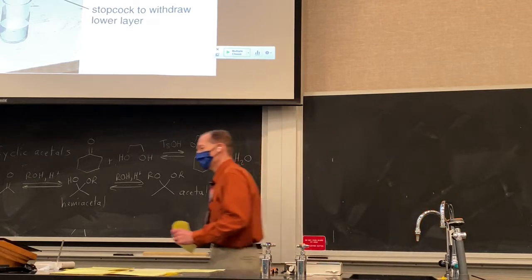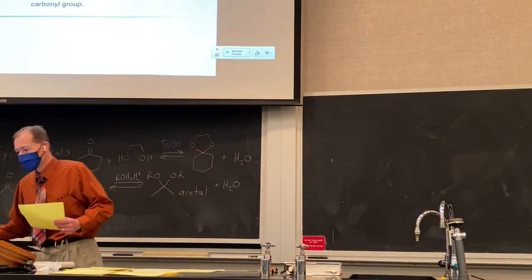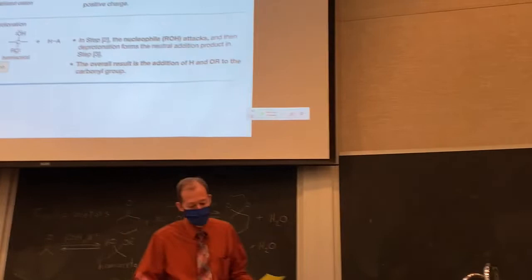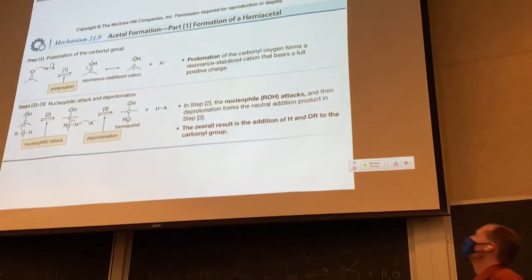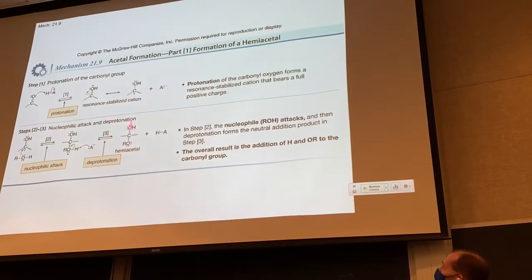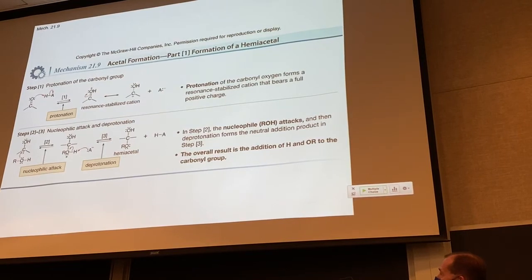So here's the mechanism of acetal formation with acid catalysis. It's the exact same mechanism we showed you for acid catalyzed hydrate formation. We're just using an alcohol as the nucleophile instead of water.